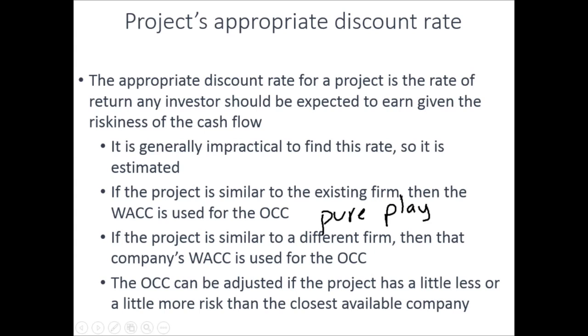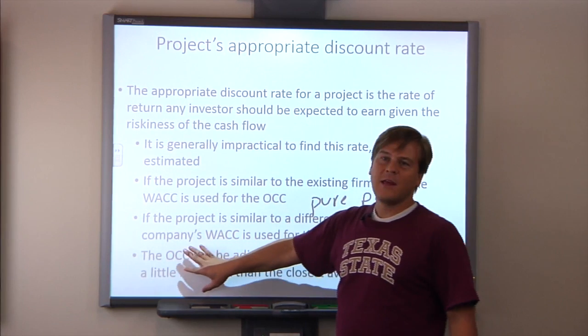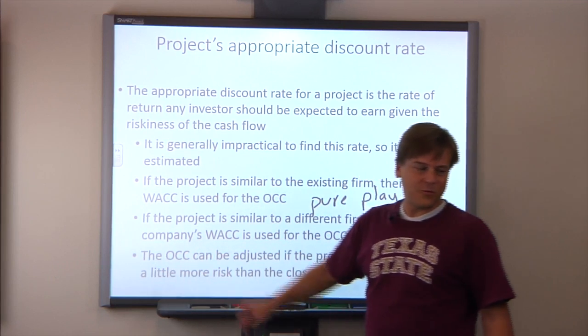In any case, the opportunity cost of capital can be adjusted if the project has less risk or more risk than what you've decided to use coming from the WACC. So you can adjust it still if you think that it's not exactly what you're looking for.